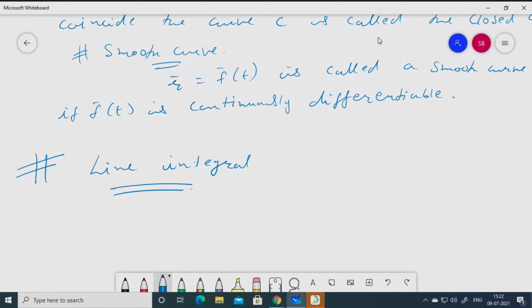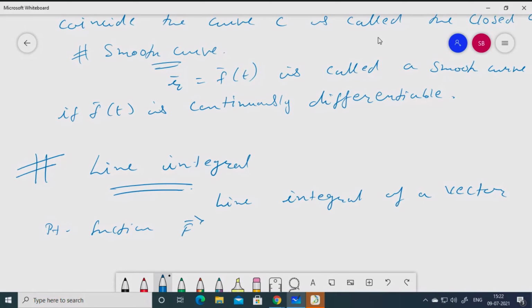The line integral of a vector point function, which is continuous along the curve from A to B. Since we are dealing with vectors, you are defining a line integral of a vector point function.